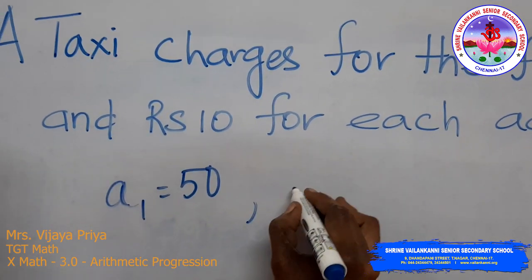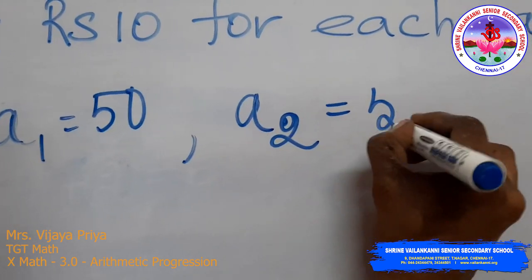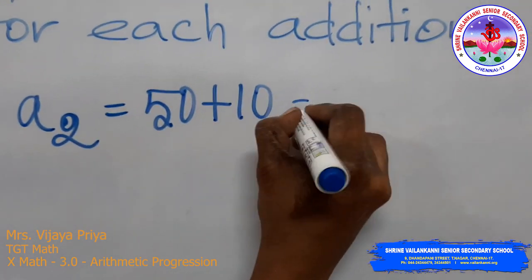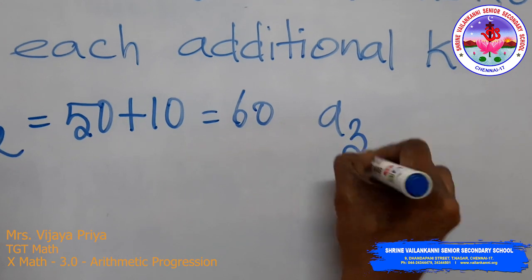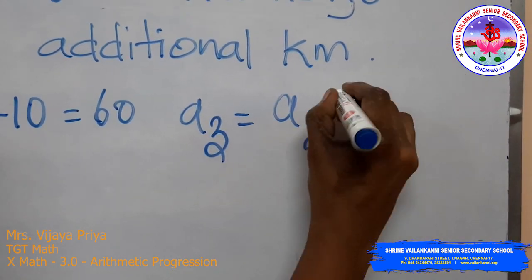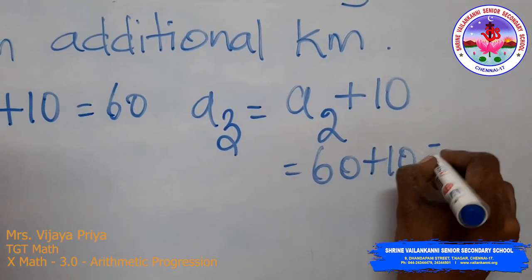For the second kilometer I pay 50 plus the additional charge 10, so my A2 becomes 60. For the third kilometer I pay A2 plus 10, which is 60 plus 10, which is 70.